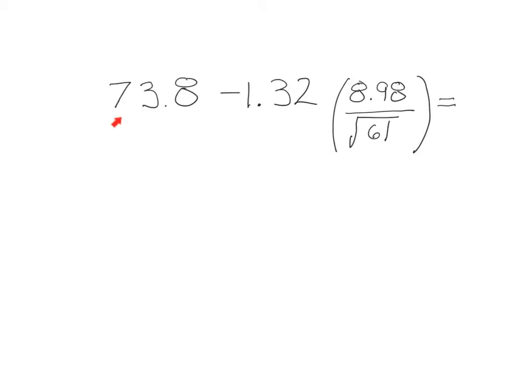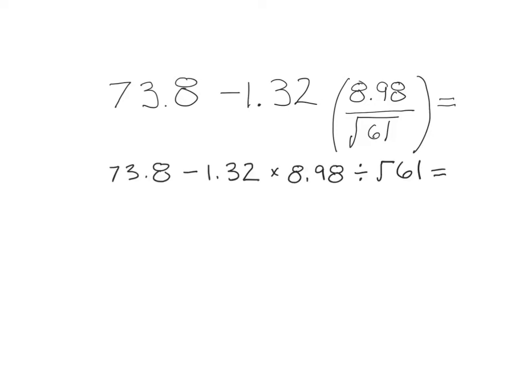So what about this one? We have 73.8 minus 1.32 times 8.98 divided by the square root of 61.